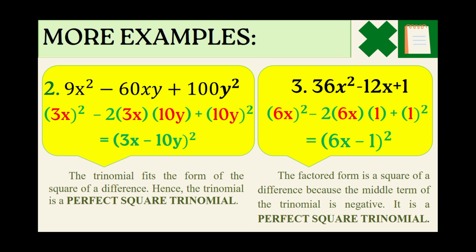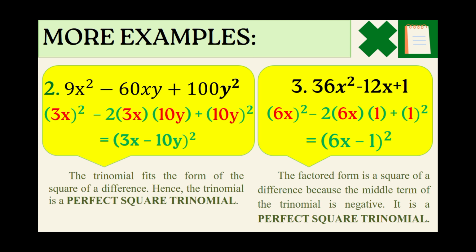Our middle term is negative 60xy, which is 3x and 10y multiplied times negative 2, so we have negative 60xy. So the square of the binomial of this expression is 3x minus 10y squared. The trinomial fits the form of a square of a difference, hence the trinomial is a perfect square trinomial.